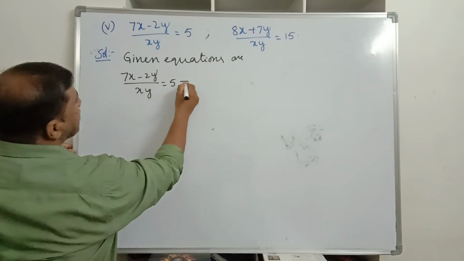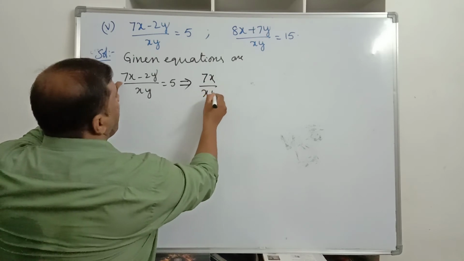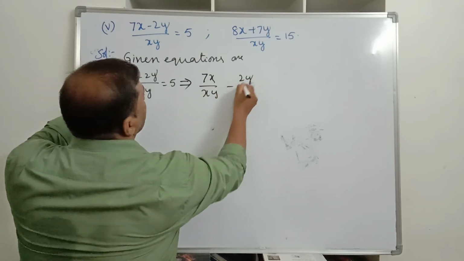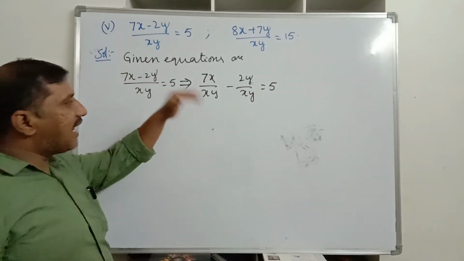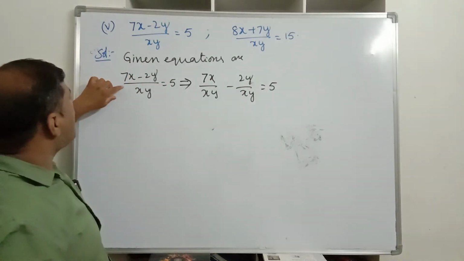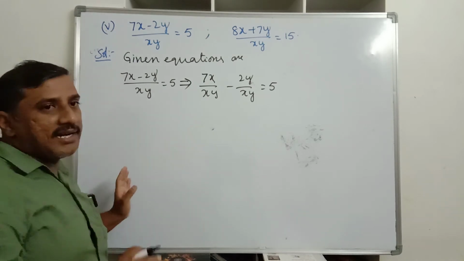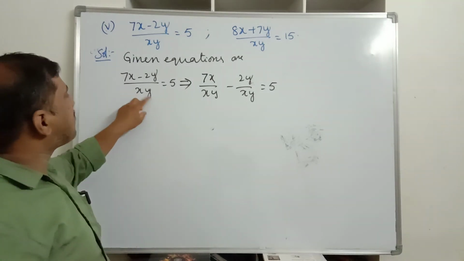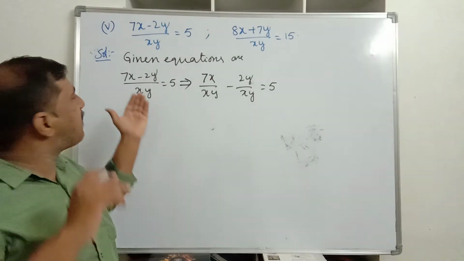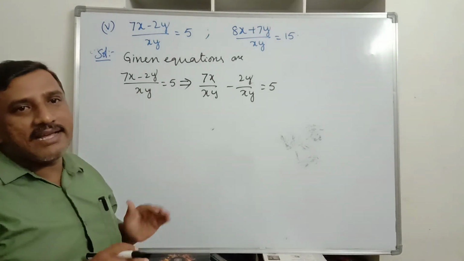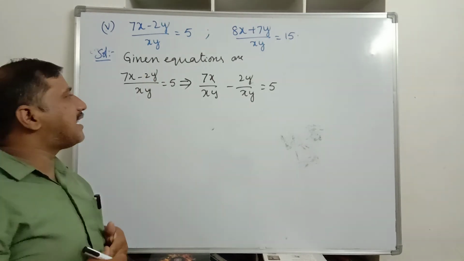When you write it individually, that implies 7x divided by xy minus 2y divided by xy is equal to 5. Like this we can do, or divide the left hand side, both numerator and denominator, by xy, thereby xy will be cancelled. How can it be removed? By dividing both numerator and denominator with xy, we can remove the xy.